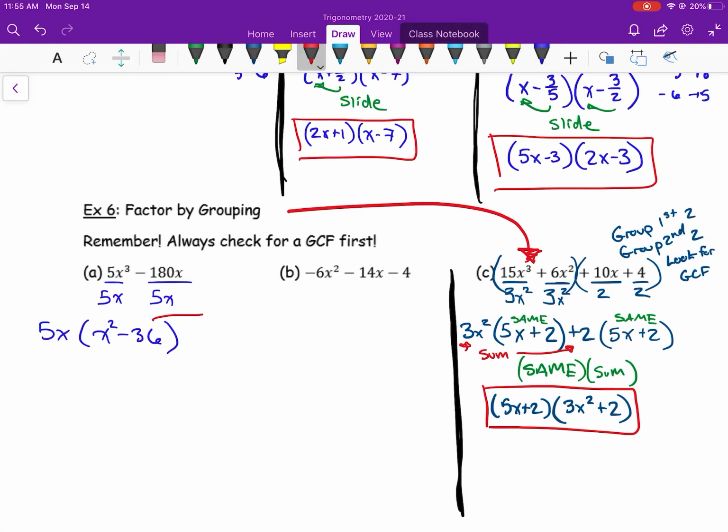All right, and if you look here, this is the difference of squares from back at the beginning of the notes. All right, so you got square root of x squared is x. Square root of 36 is 6. So when we factor this, we get 5x times x plus 6 times x minus 6.